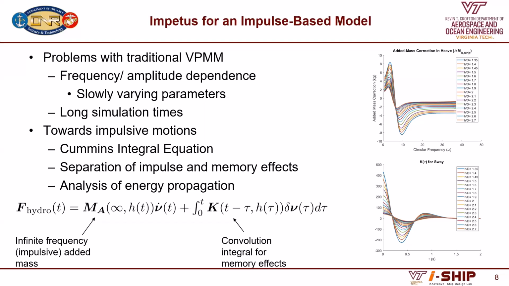Looking at the hydrodynamic parameters in this way allows us to separate the impulsive and the memory effects from one single motion. It also allows us to look at the analysis of energy propagation through time. If we run an impulsive motion and then immediately stop the body, we can see how that energy convolves with time.